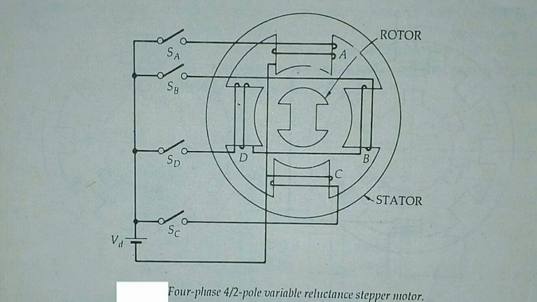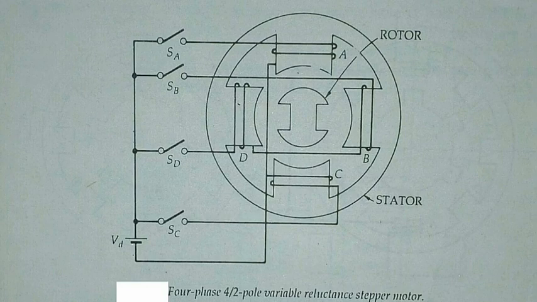The rotor is a slotted structure made from ferromagnetic material and carries no winding. Both the stator and rotor are made up of high quality magnetic material having very high permeability so that the exciting current required is very small.